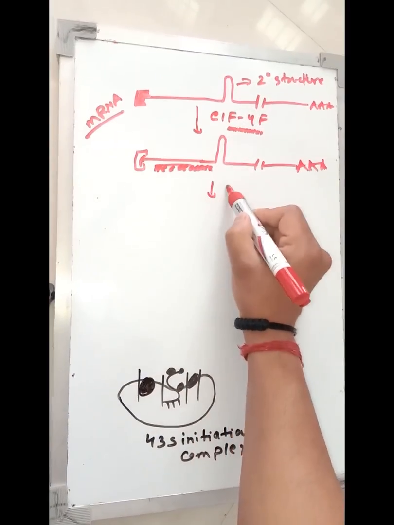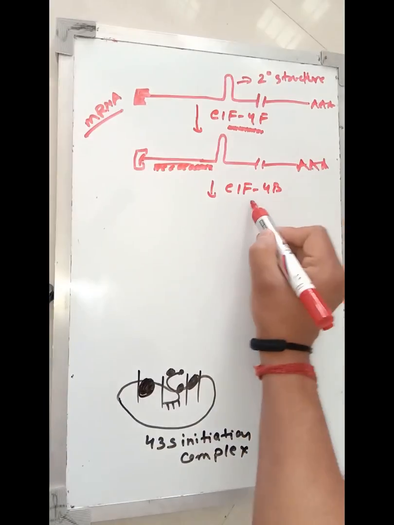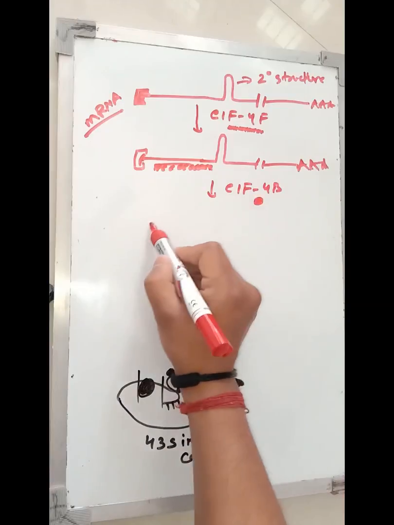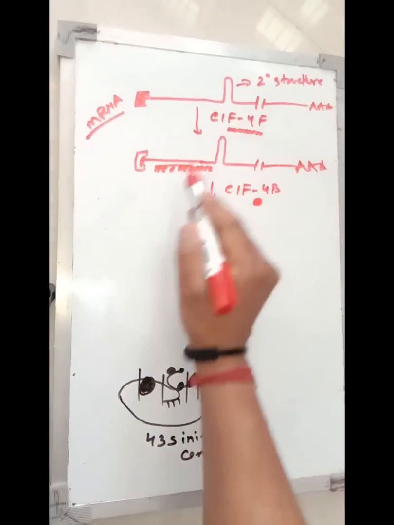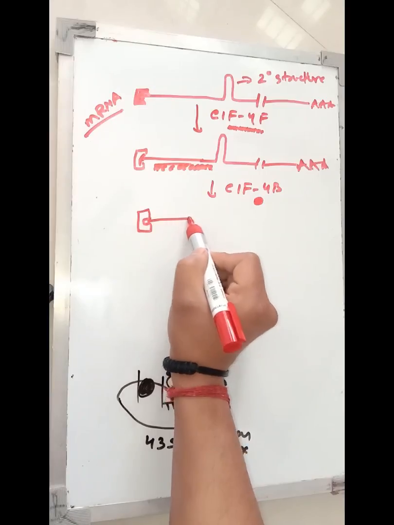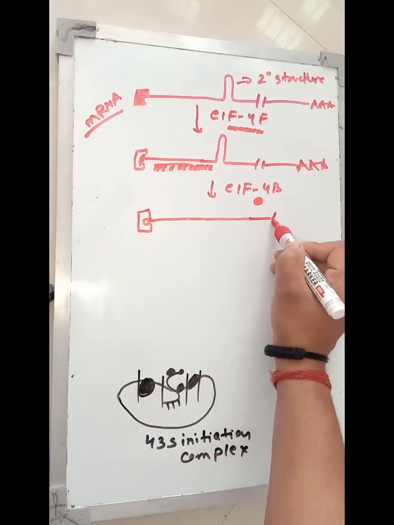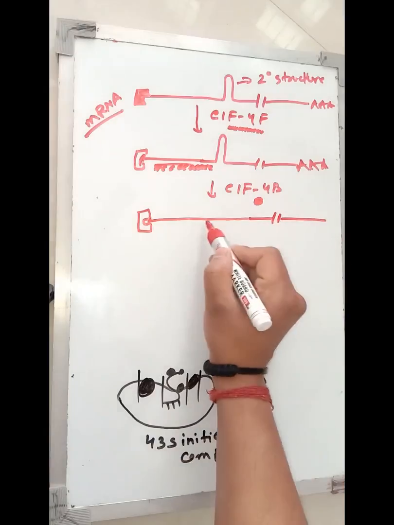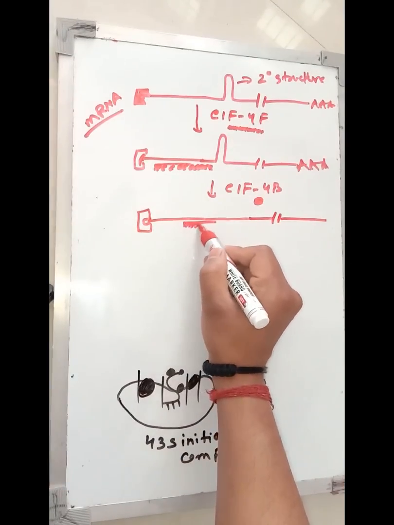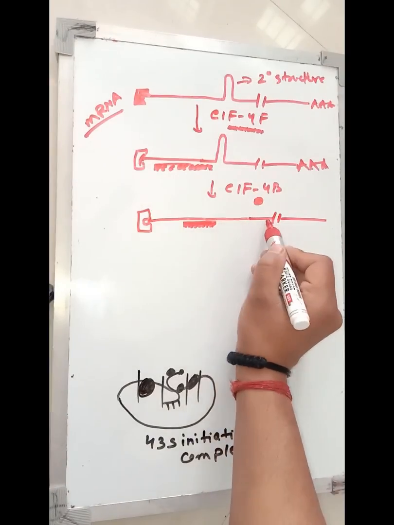Then another factor, EIF4B, will join this EIF4F and stimulate its helicase activity, which causes the removal of the secondary structure to the straight or primary structure.